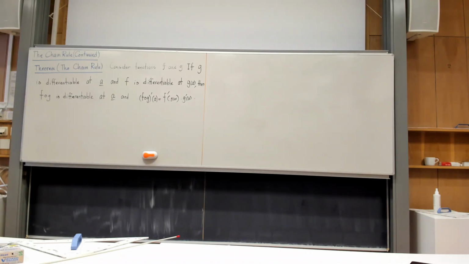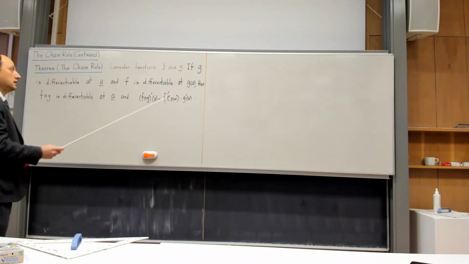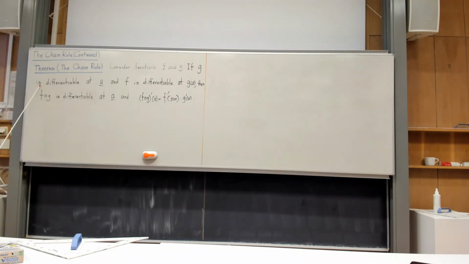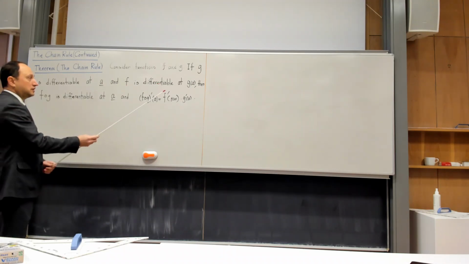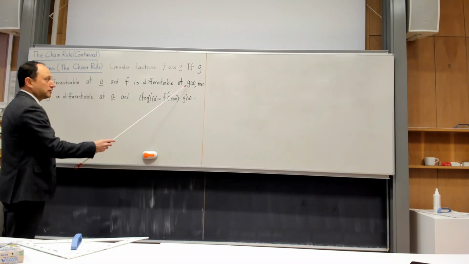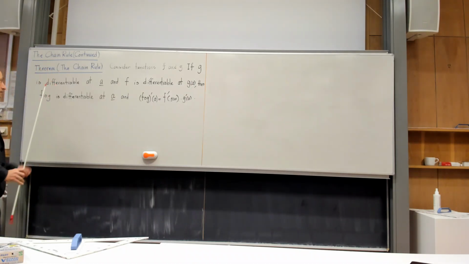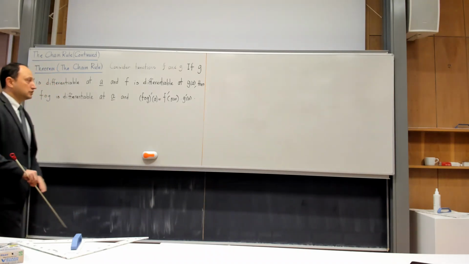It tells you that if you have two functions, let us call them f and g, and function g is differentiable at a, but the second function f is differentiable at the outcome of acting g on a, then f∘g, do you remember, it's called the composition of these two functions, is differentiable at a, and this is the formula that you get.